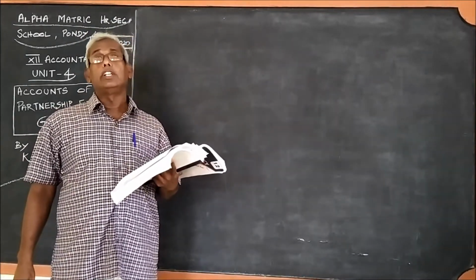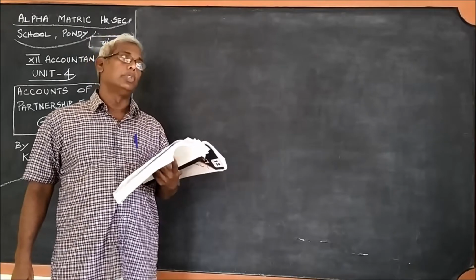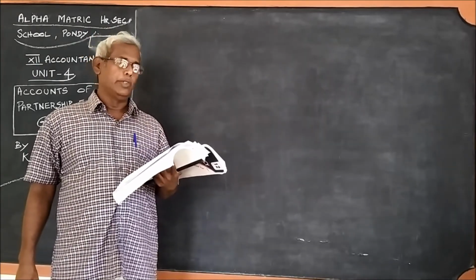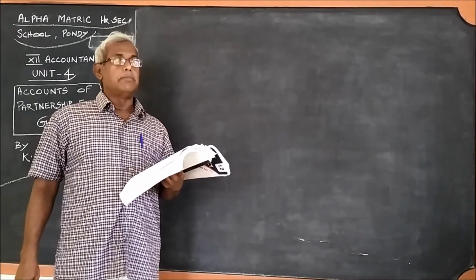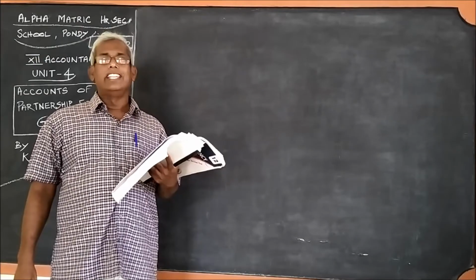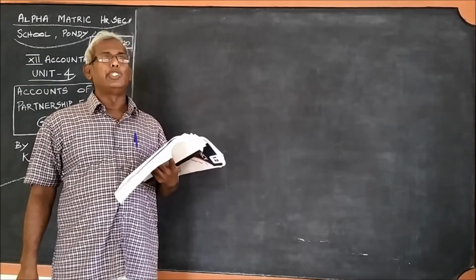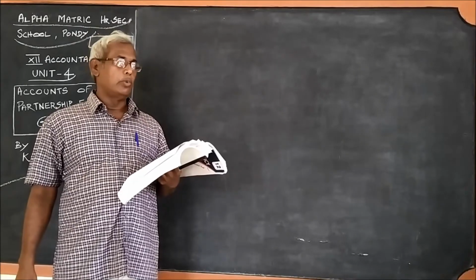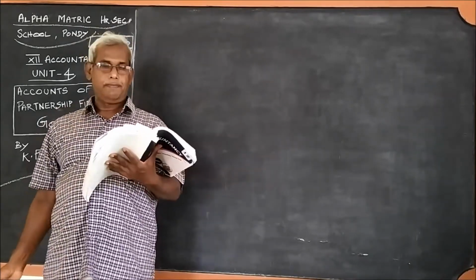I said that there are two big methods, and lastly we are going to see one small method that I will tell you later. The first method, the average profit method, under it we have seen two types: the simple average profit and the weighted average profit.